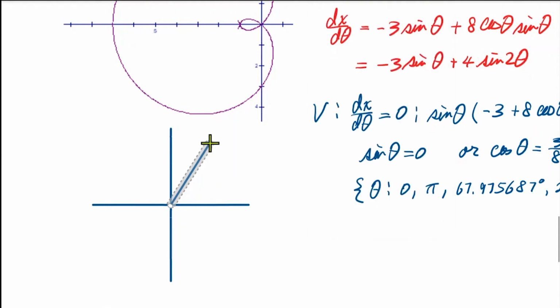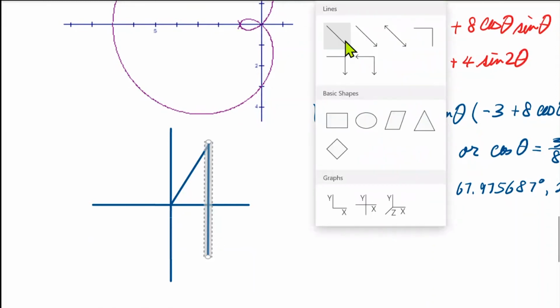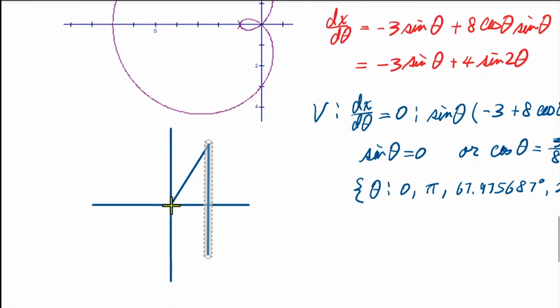We just got faster. From our knowledge, we know there are two of them, and one of them is in the first quadrant and the other one is in the fourth quadrant. Do we know that much? Cosine is positive here and here. So this angle right here is 68 degrees-ish.